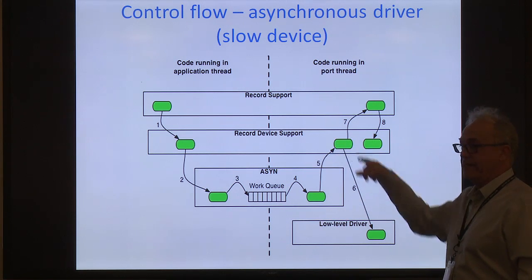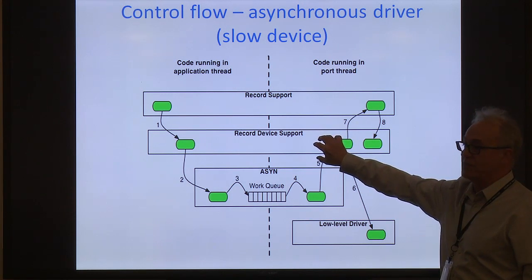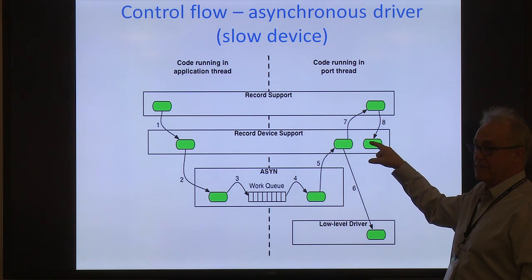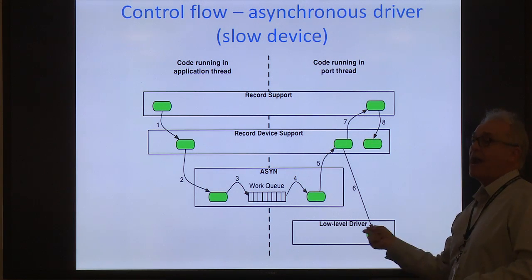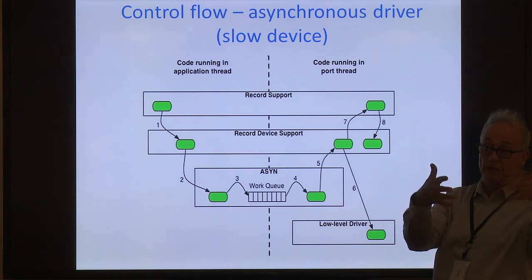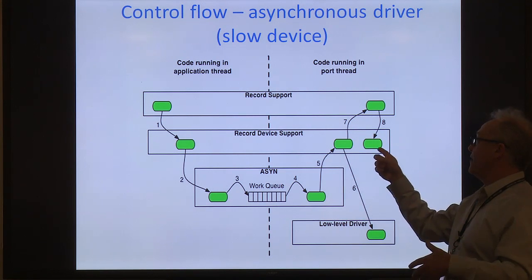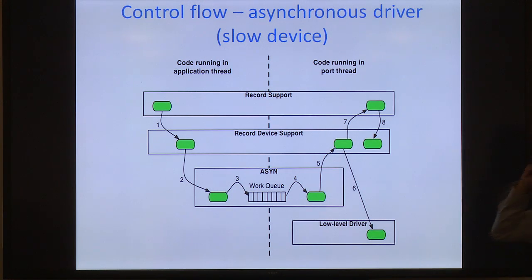So whatever I/O it did here is cached in device support, and now the record comes back and says, please finish processing. It copies the data into the val field, for instance, of the record, and then says, I'm done. All right. So, yeah, that's how the flow control works for a slow device.